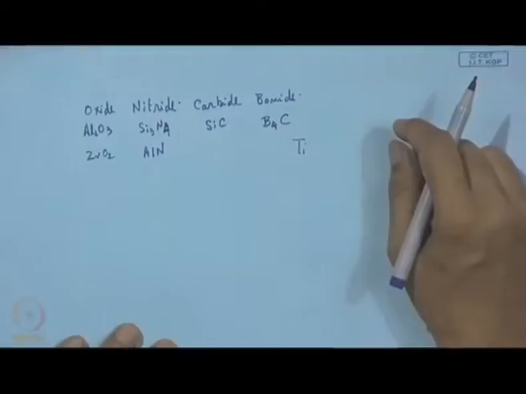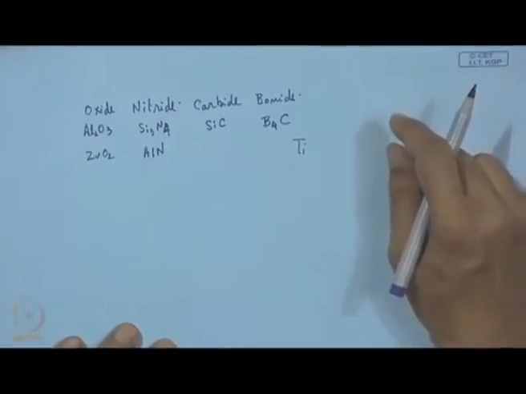Now, say if we consider titanium as one of the elements, in that case we can see immediately that titanium oxide is the most stable and titanium boride in that scale has the least chemical stability. This way we understand the inertness of a ceramic material, in particular its surface, towards a liquid metal, and it cannot promote the wetting of this liquid metal.